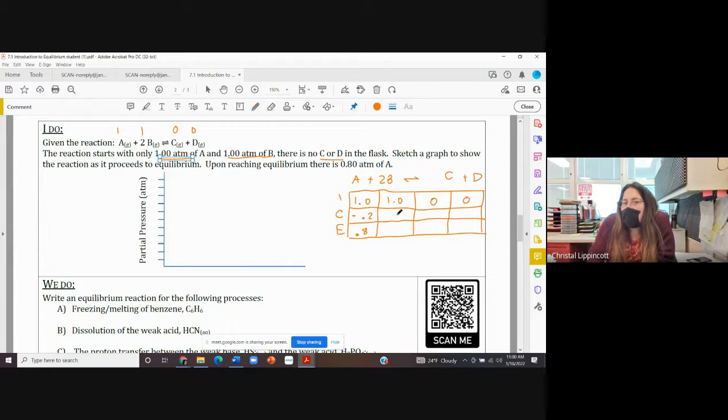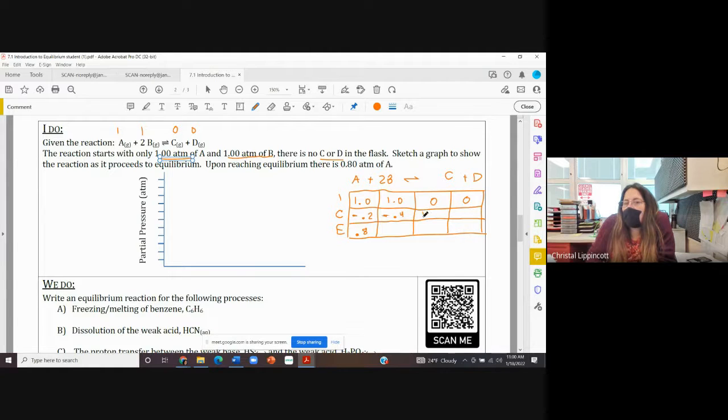What would my change for B be? 0.4. And then I'm going to be subtracting that because we're using that up. Wait, how do you know it's 0.4? Because it's in a 2-to-1 ratio. Guys, it's in a 2-to-1 ratio. So for every 0.2 of these, I have to have 0.4 of these. Does that make sense?